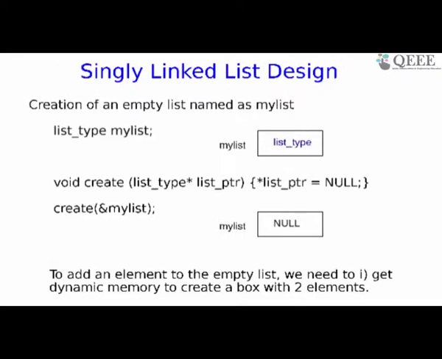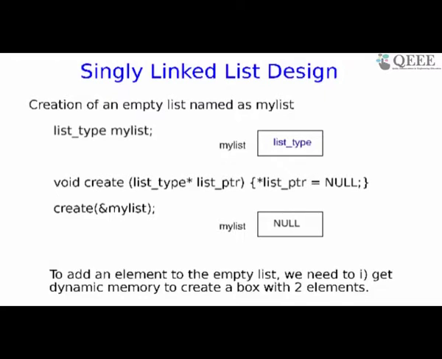So now let's see, how do I create a list in my program? So what is my list? My list is something which will remain on the stack. So my list is basically the start address of a list. So it must be a pointer to a box, but a pointer to a box has the name list_type. So I can shortcut, not write a long chain, but say my list is just list_type.